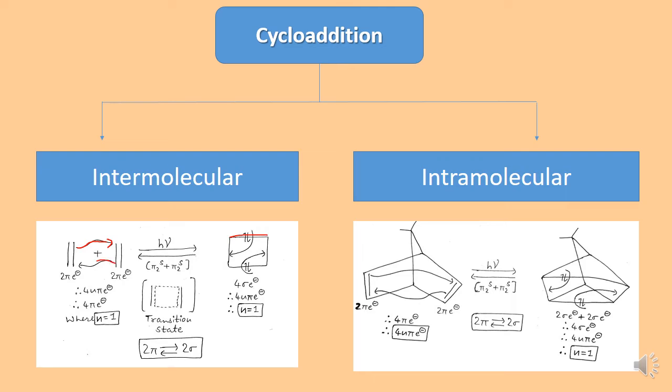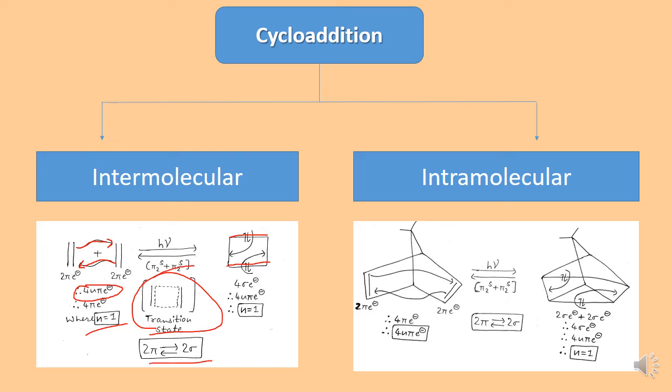This pi bond is shifted over here, so you get a sigma bond. So here it is a 4n pi electron system in total: a 2 pi electron system and a 2 pi electron system, so n is equal to 1. A cyclic transition state occurs like this, pi 2 supra, pi 2 supra. Two pi bonds are converted into 2 sigma bonds.